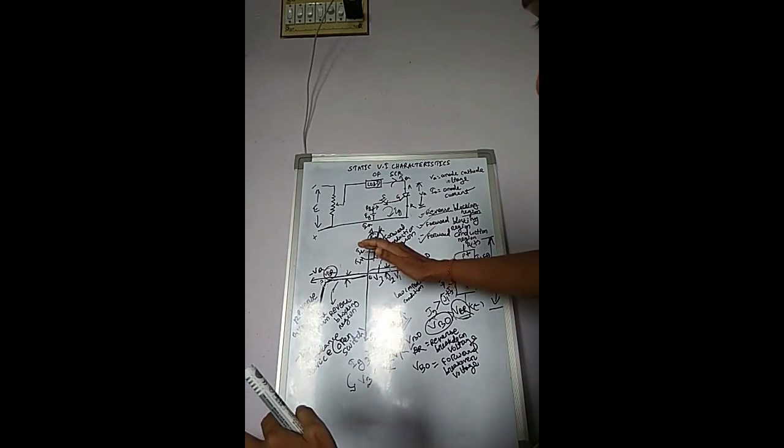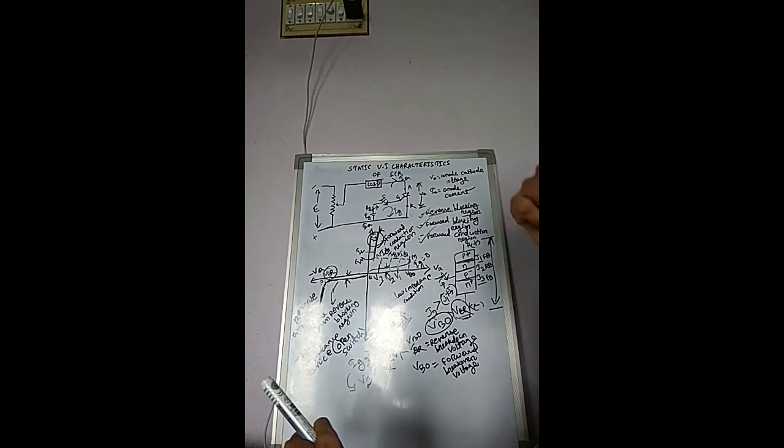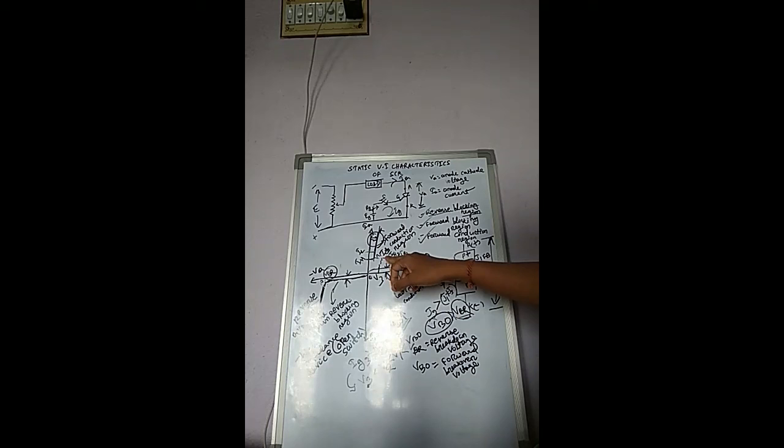So latching current is related to the on state and holding current is related to the off state. In most industrial applications, this holding current can be regarded as very minimum. It is nearly equal to zero.